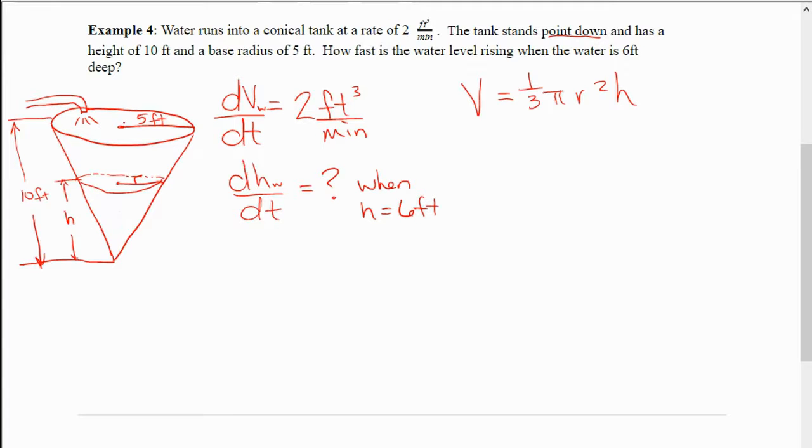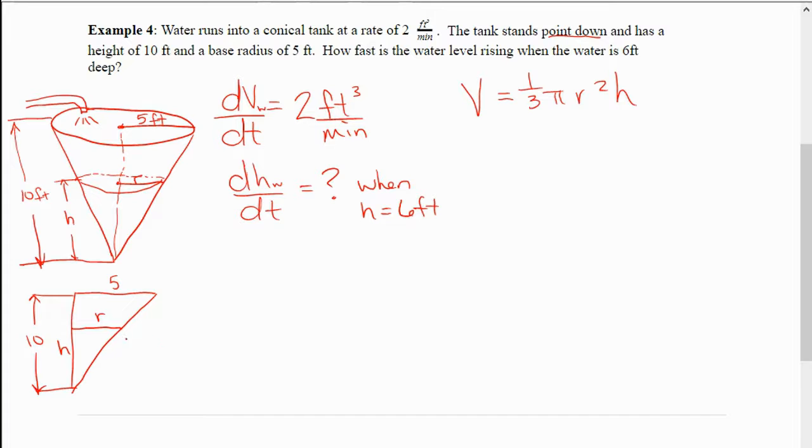So what I'm going to do here is another geometry type of skill. I'm going to draw myself some similar triangles here because I can write a relationship for the radius of the water based off of the height of the water and the height and radius of the cone. Okay, so right now this is what we know, and these values are all proportional to one another.